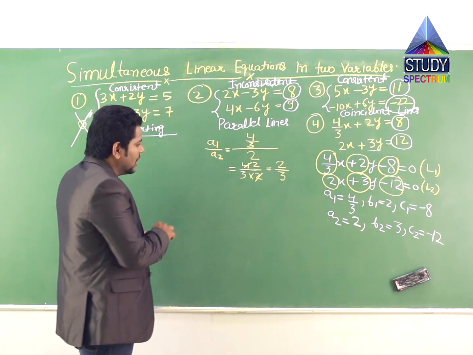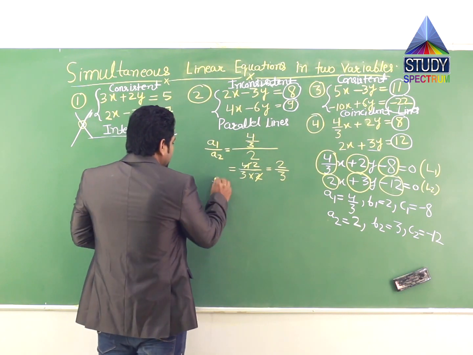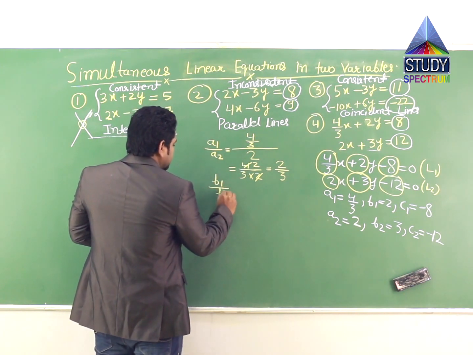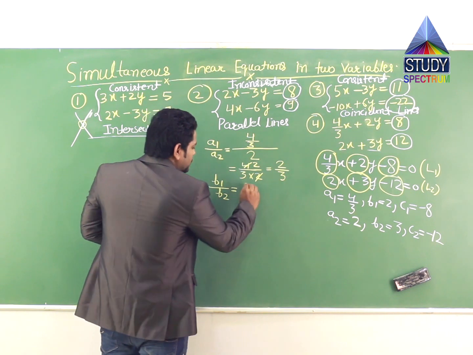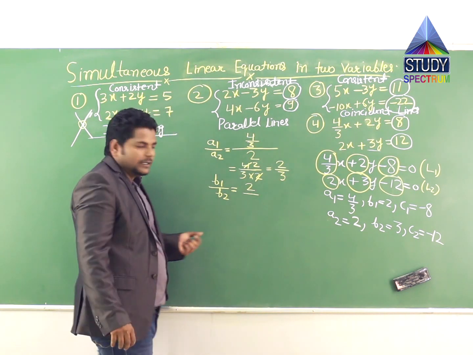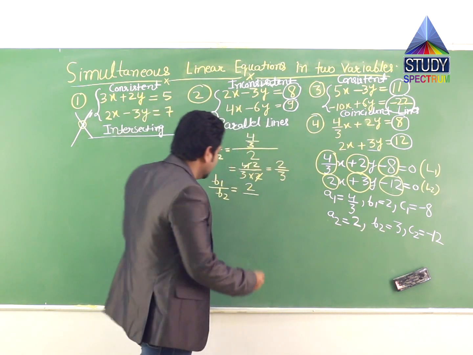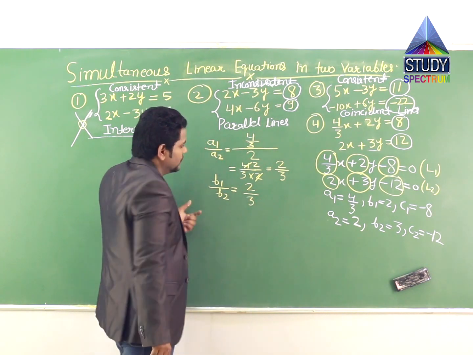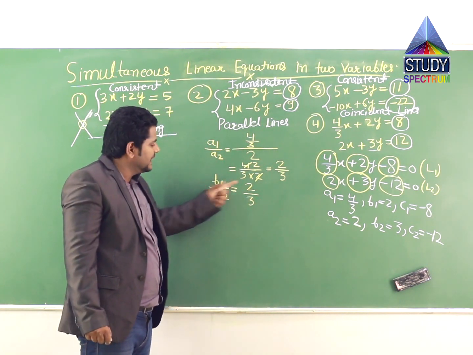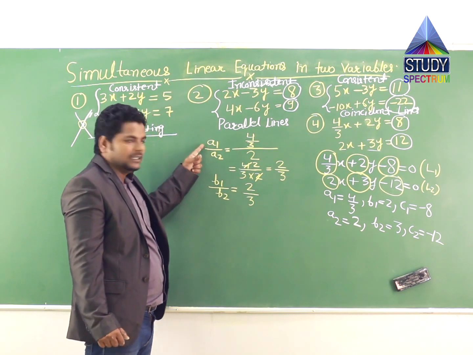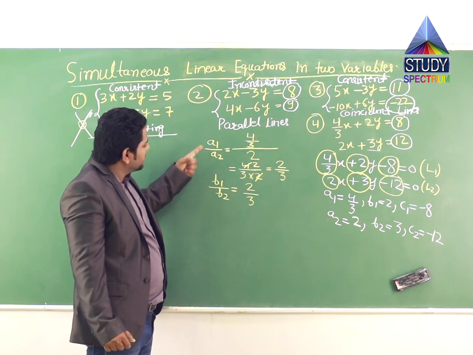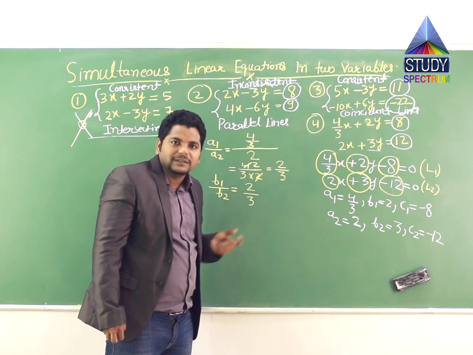Now come to B1 by B2. Here B1 is 2 and B2 is 3. So B1 by B2 is 2 by 3, as in the case of A1 by A2 we got 2 by 3.